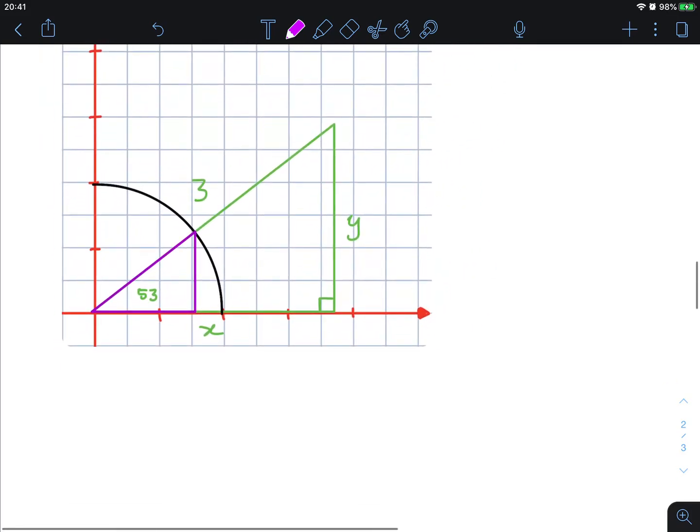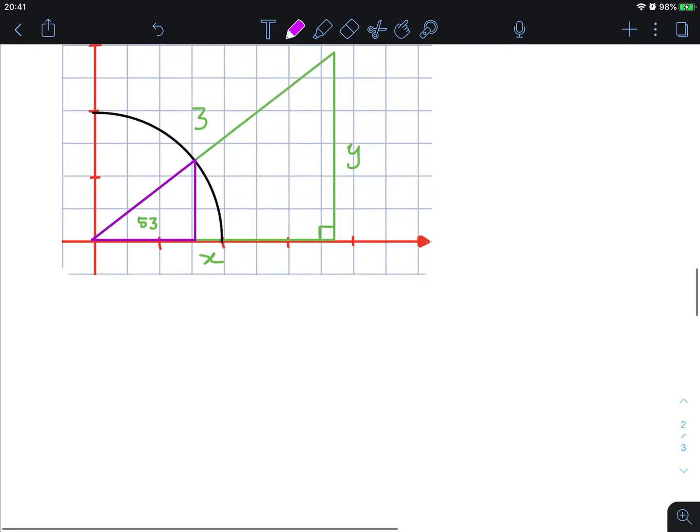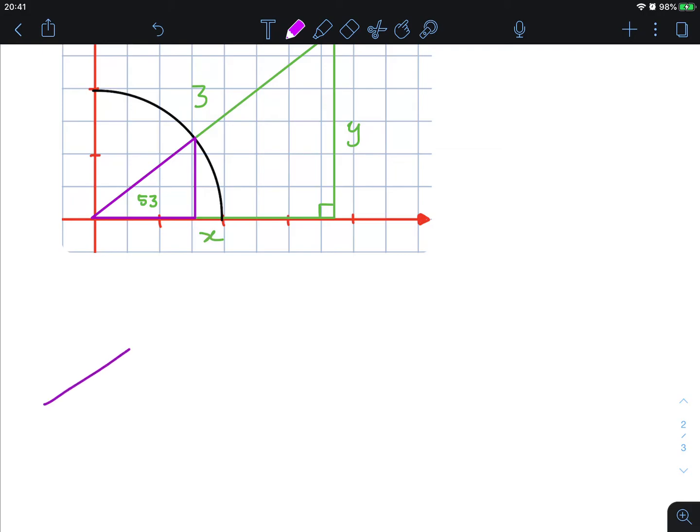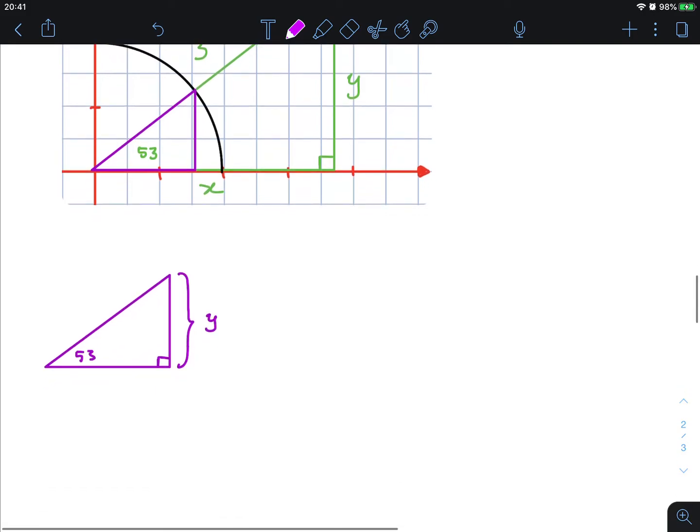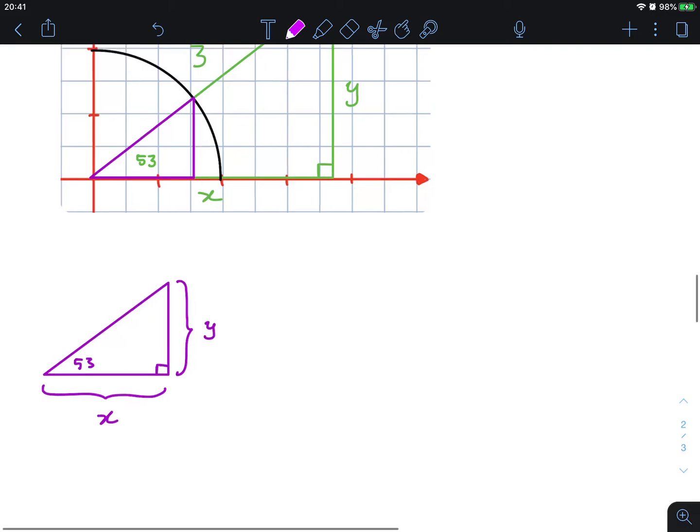And from here, we could actually separate both of them into two smaller triangles. So we have one like this. There we are. That's 53. We don't know what this length is, but we know it's a length of y. And this length here is a length of x.